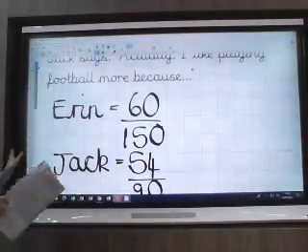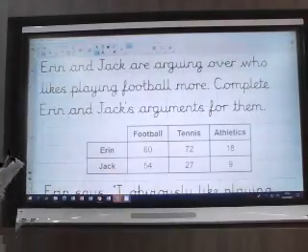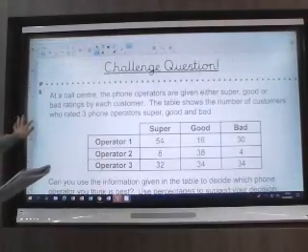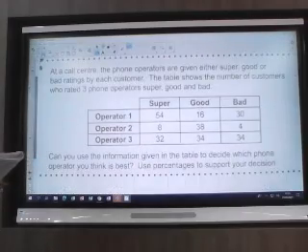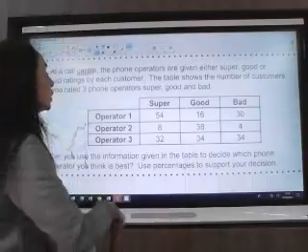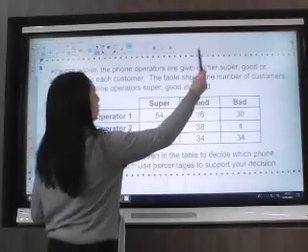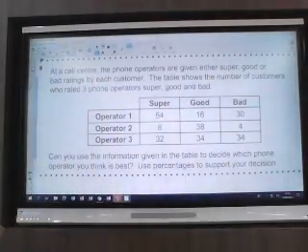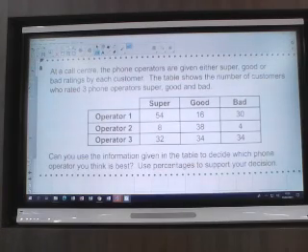That's all of your main questions for today. And then your challenge question says, at a call centre, the phone operators are either given super, good, or bad ratings by each customer. The table shows the number of customers who rated 3 phone operators super, good, and bad.